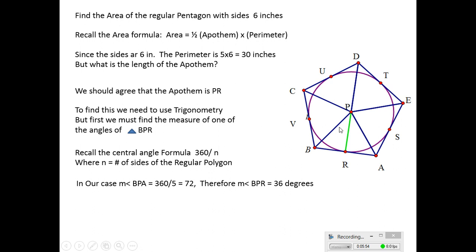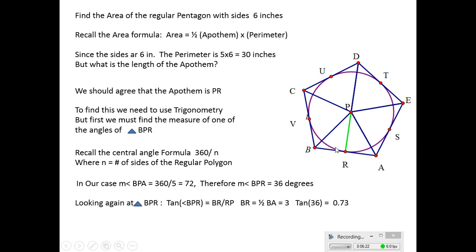But when we draw that apothem, we bisect that angle of 72. So the angle here between the blue and the green segment is 36. We didn't have to measure that, we know that. And we know that this side BR is half the length of one side, which is 3.